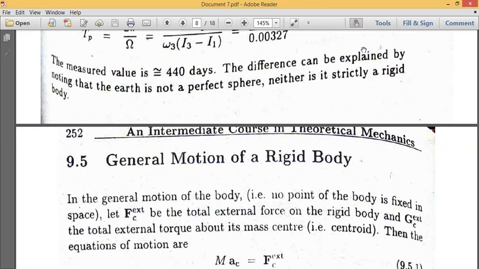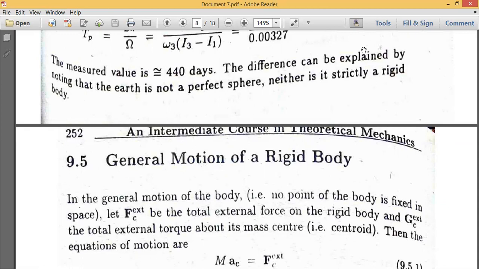General motion of a rigid body. Next, in the general motion of a body, F_c is the total external force on the rigid body, and G_c external is the total external torque about its mass center.